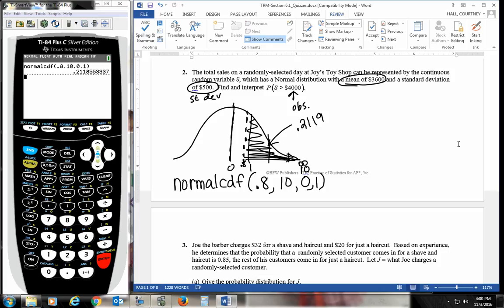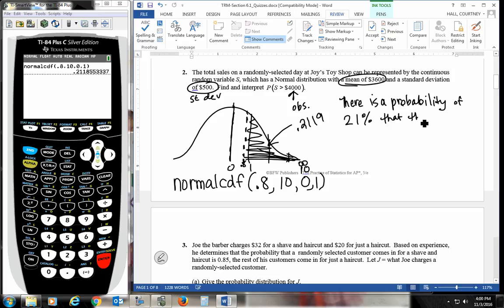So I say, there is a probability of 21% that the total sales on a randomly selected day at Joe's Toy Shop will be greater than $4,000.